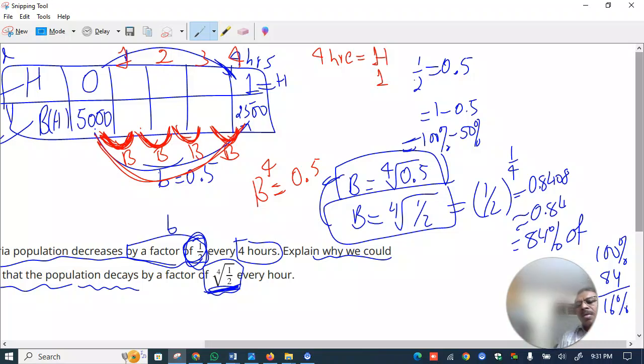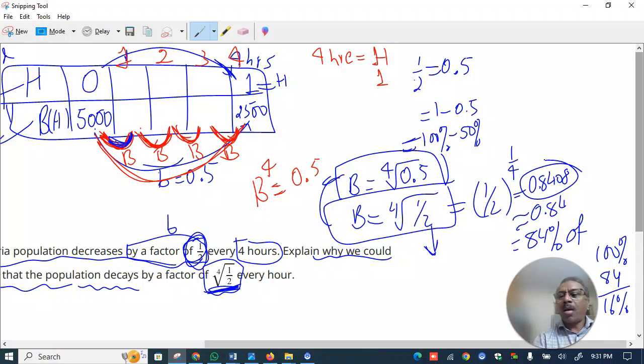So there is a 16% decrease in the population of bacteria every hour. So this is a decay factor for every hour. It means every time you multiply, and that number is of course 0.8408, and that takes care of this problem.